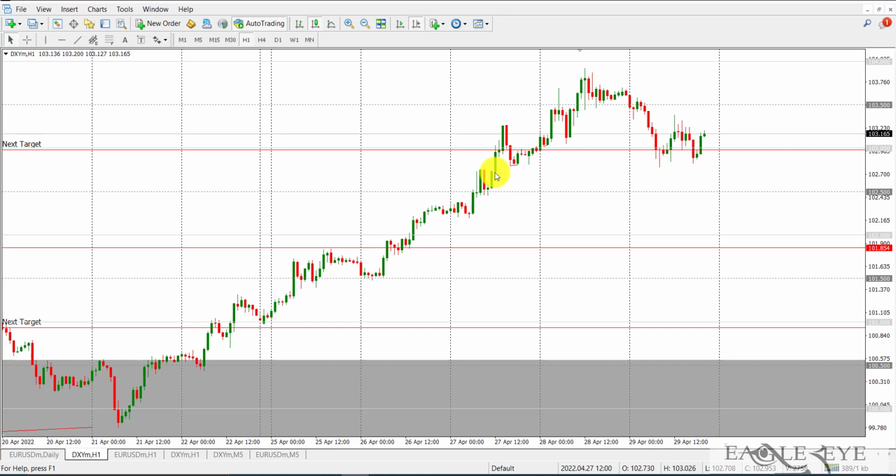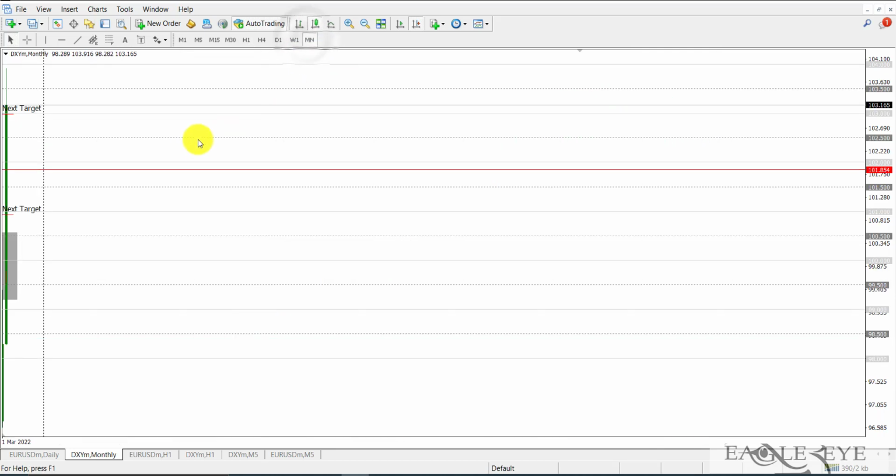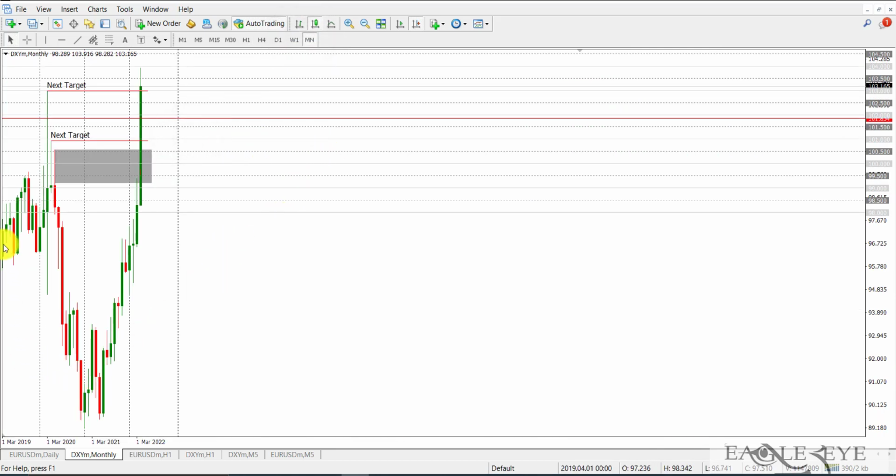Just as I said, the monthly chart data on this particular broker I'm using is limited. They introduced the dollar index I think in March 2019, so it's not been long, and not much data for this particular broker. But I have a different broker I use for the dollar index analysis.